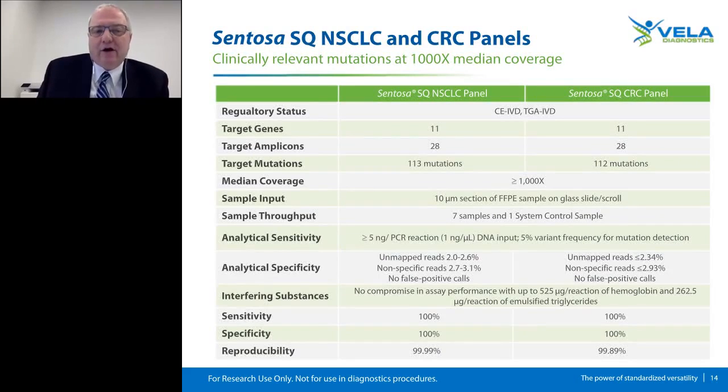These panels have approximately 1,000x median coverage, all right? Run 7 samples and 1 system control, can be used with 1 10-micron section of FFPE material, or in this case, 4 mL of plasma. So very high sensitivity, high reproducibility at 1,000x coverage for these panels, and these are for highly prevalent mutations as determined out of the COSMIC database.